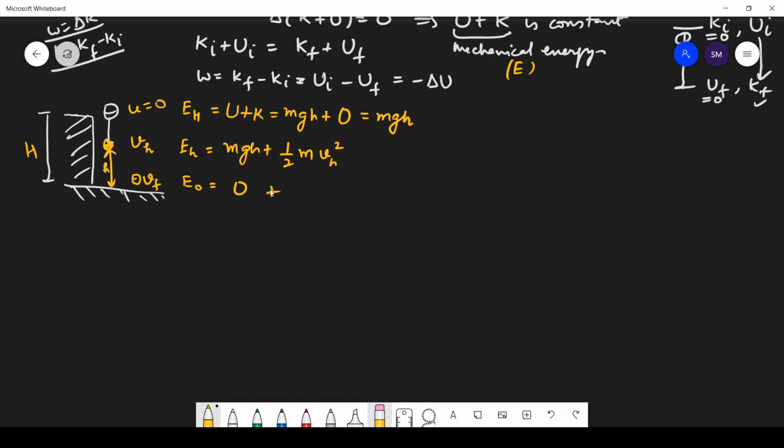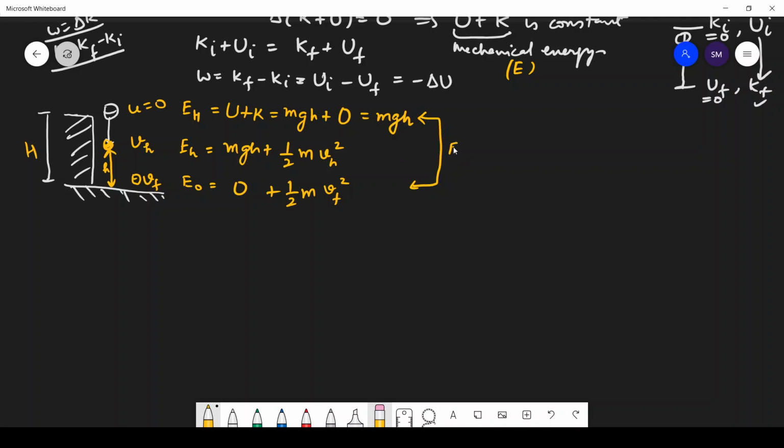Okay, what is kinetic energy here? Half m vf square, right? So we can clearly see that, we know that mechanical energy is conserved.